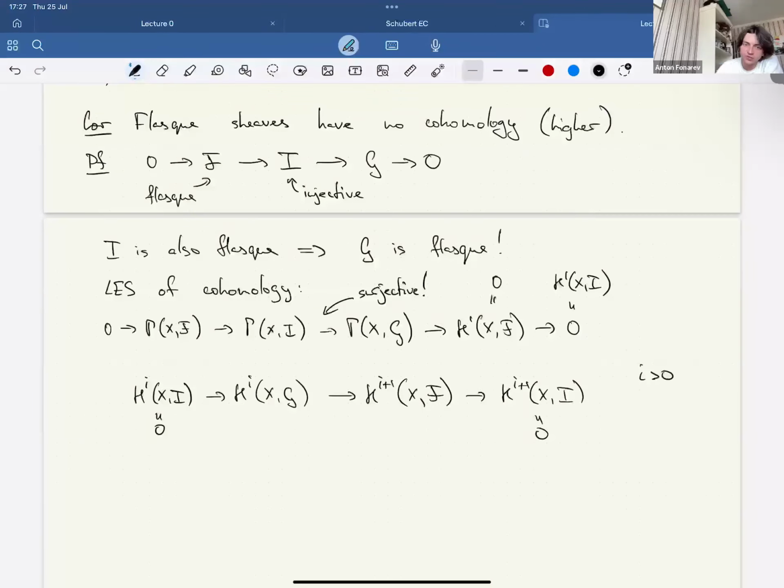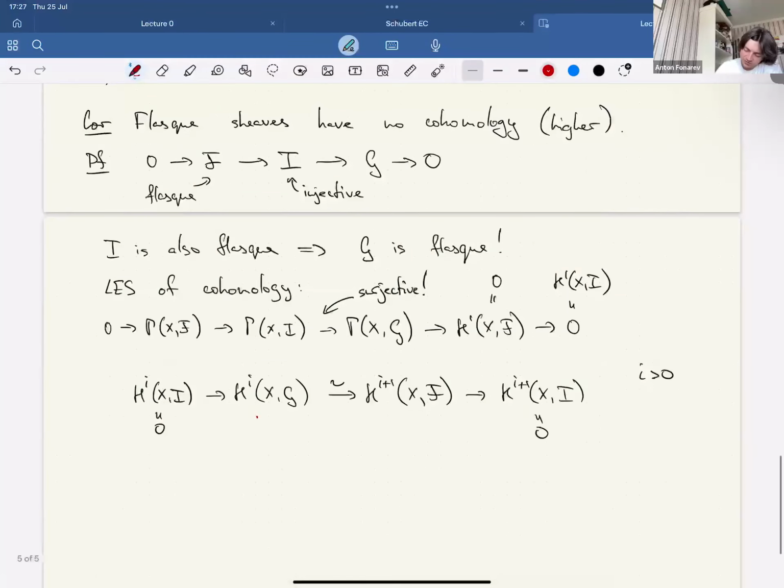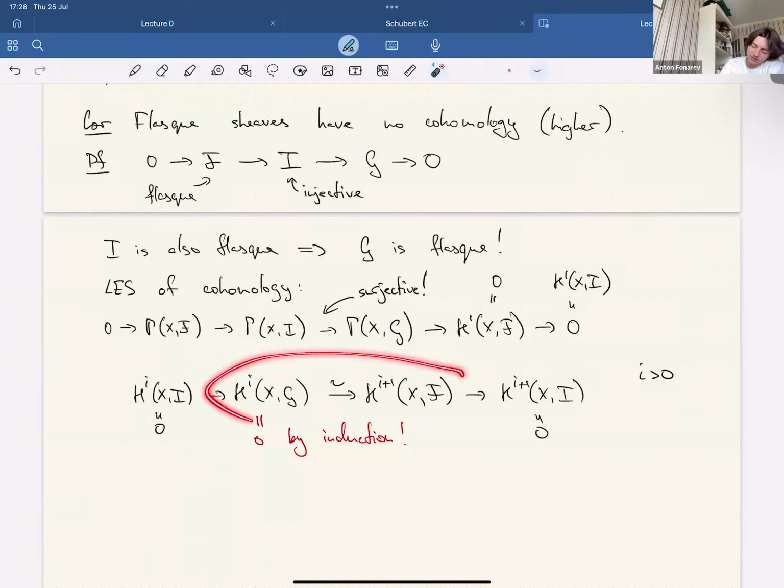But since we have two zeros on the sides, we have an isomorphism here. But now this guy equals 0 by induction. So this is an interesting way of doing induction. For all flasque sheaves, we first check that H1 is 0. And then inductively, we see that for all of them, H2 is 0 because we have specifically this isomorphism.